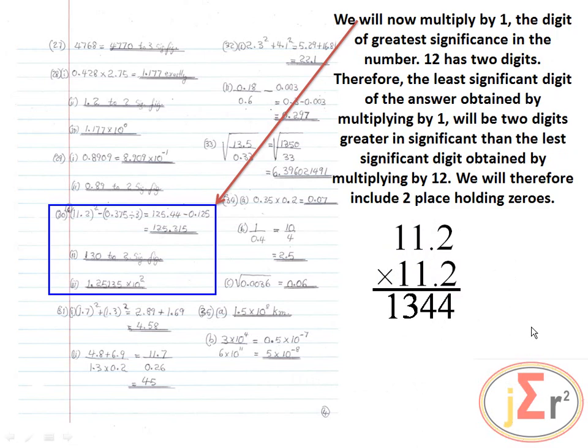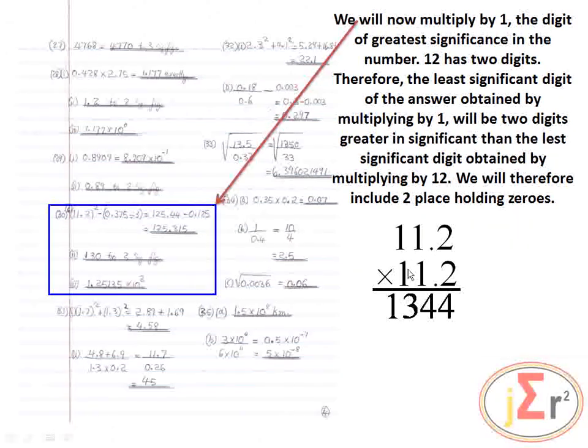Then what do we do? We will now multiply by 1, the digit of greatest significance in the number. So 1 is what we are multiplying by, and that is the digit of greatest significance in the number.